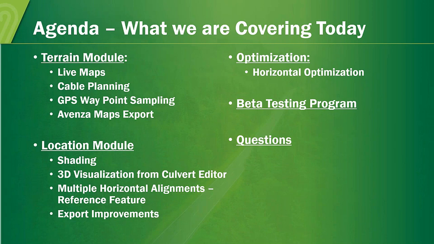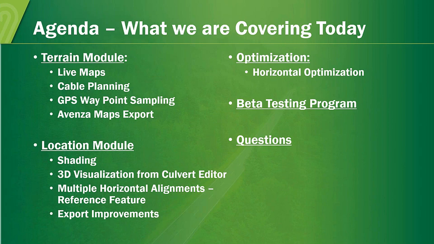So in the terrain module, we're going to be talking about a new feature called Live Maps, going through some of our cable planning changes and cable planning analysis. And that's really specifically for forestry, so we'll try and keep that section rather short. We've got GPS Waypoint Sampling, our Avenza Maps exports, and then I'm going to be passing it over to my colleague.